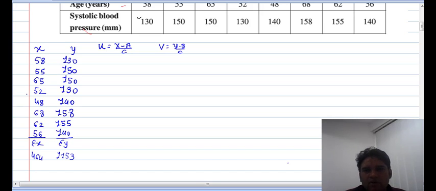You can assume any number, but we will assume that kind of number that eases our calculation. So in the x observation I will assume a as my 50.